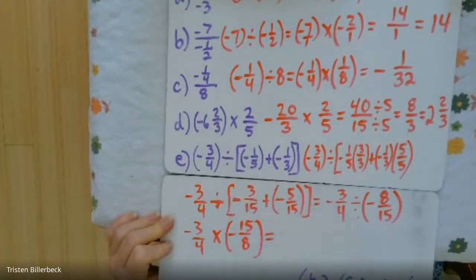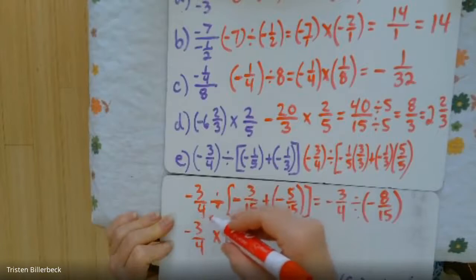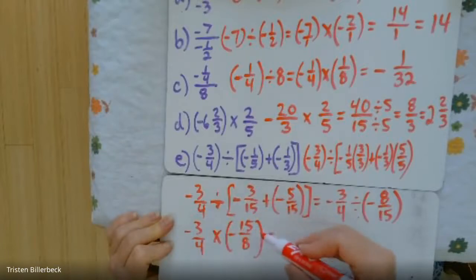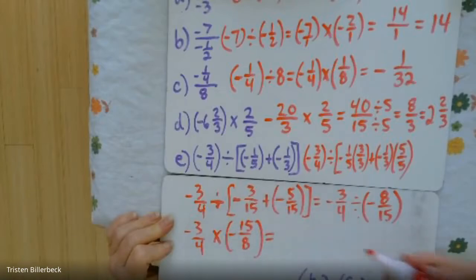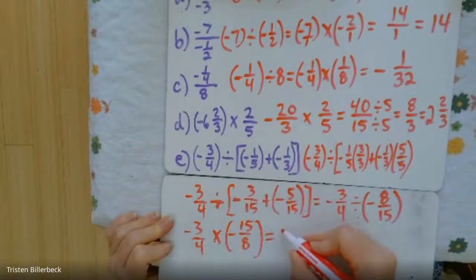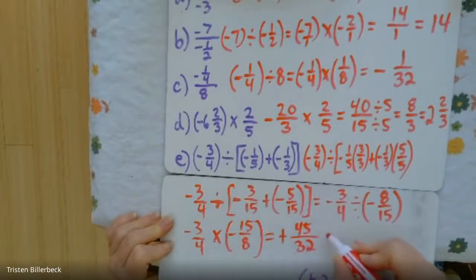Okay, so quickly looking, there is no cross canceling here that we can do, so it doesn't look like we'll simplify, but we have 2 negatives, so that makes a positive number. 3 times 15 is 45. 4 times 8 is 32.